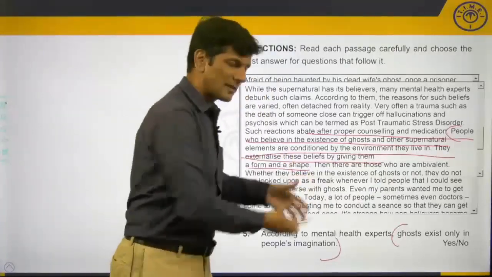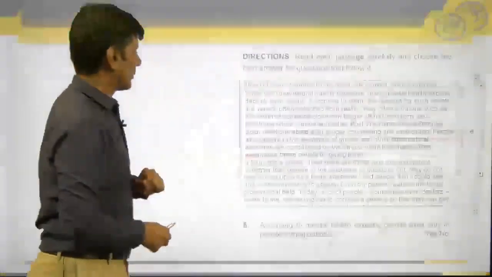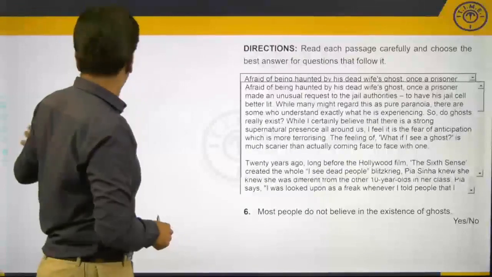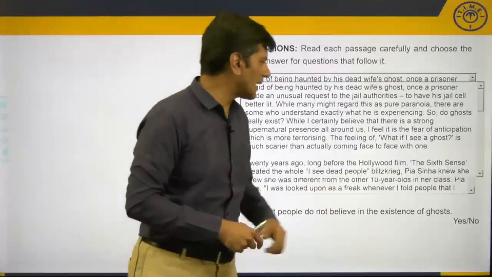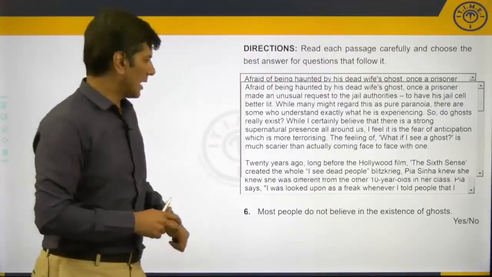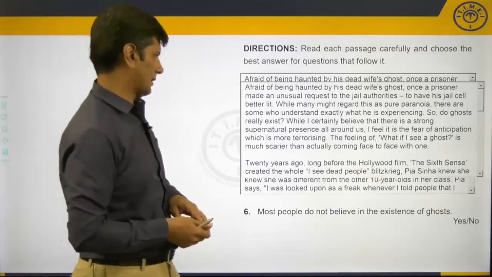So you can classify this question as an inference question. Let's take a look at question number 6. Question number 6 says, most people do not believe in the existence of ghosts. Now, one thing we have to note here is this.